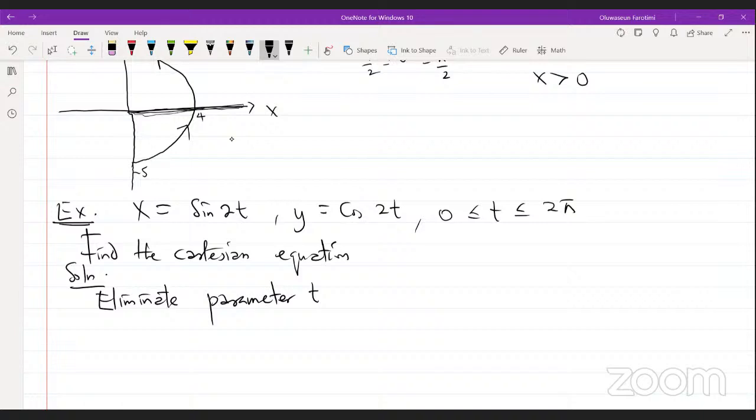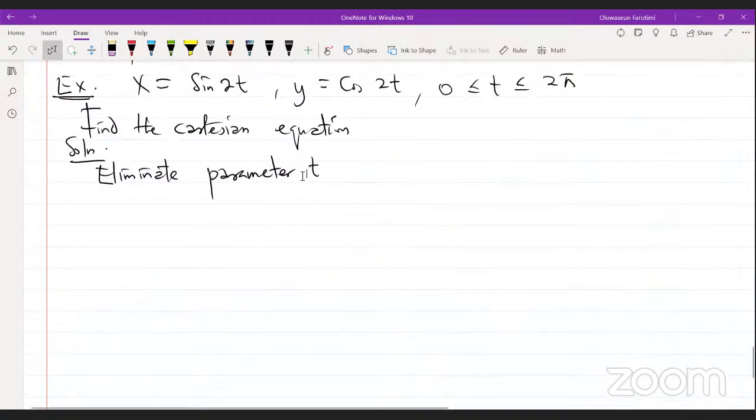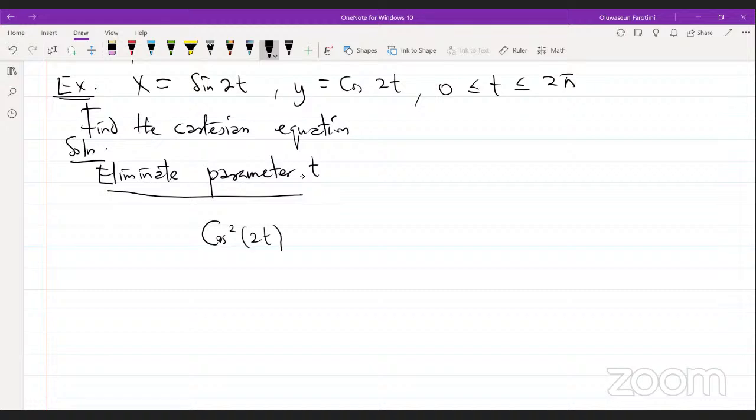Now, what do we do, guys? Remember, these are trigonometric functions, right? You think about a trigonometric function that combines these guys. I know that cosine squared of 2t, I know this already, right? And what is cosine squared 2t?